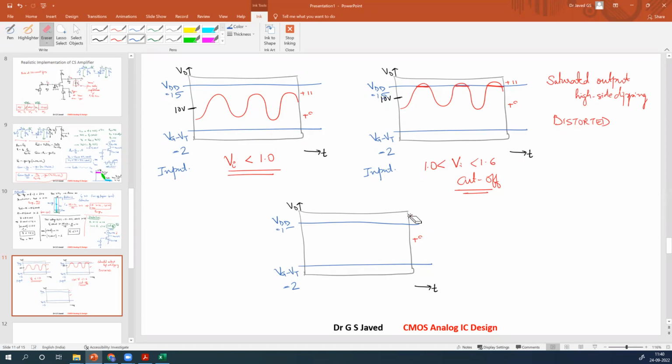When you give very large input, your minimum and maximum both are going up. So you will see extremely large gain, right? We said you will see clipping on both sides. So the gain is going much larger. Rather than just going one side, your gain is going much larger on both sides. So this is called clipping, and this is called fully distorted. Right? This is your fully distorted case.